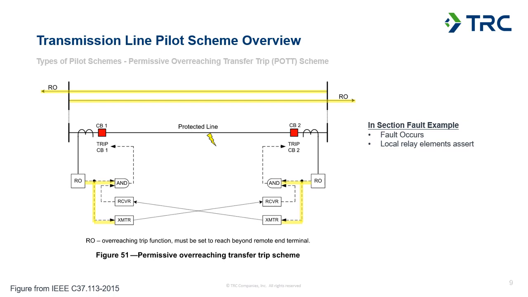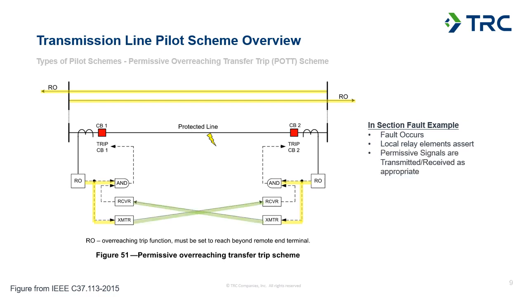And down lower, I've also got highlighted the logic functions where the relay overreaching element asserts, and that goes into the scheme logic. So you can see the trip decision isn't made at this point because we're waiting on the receipt of the permissive signal from the remote terminal, and we haven't gotten that far through our logic yet.